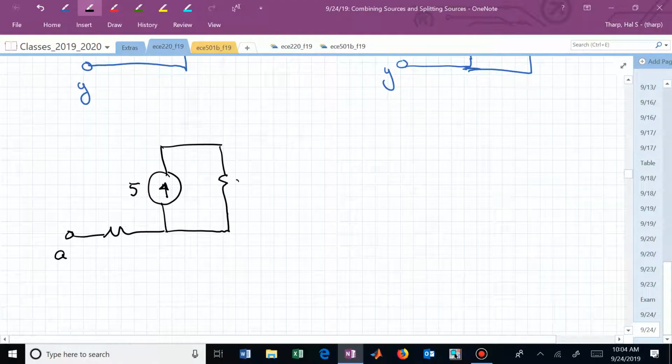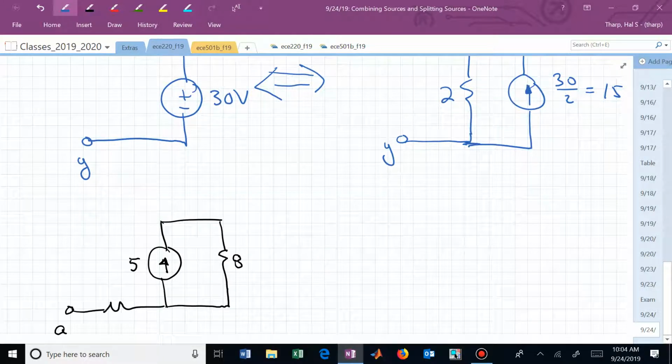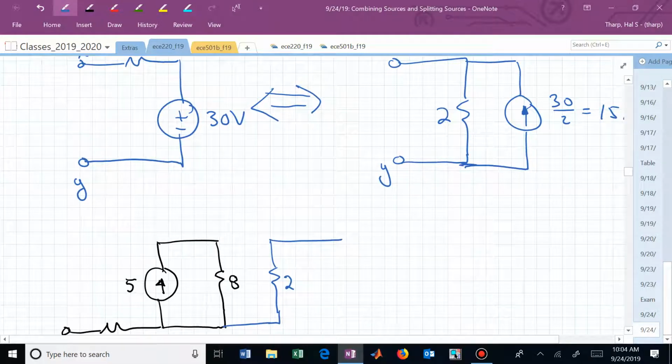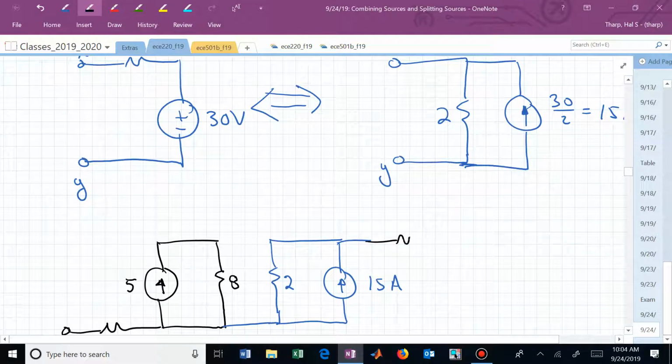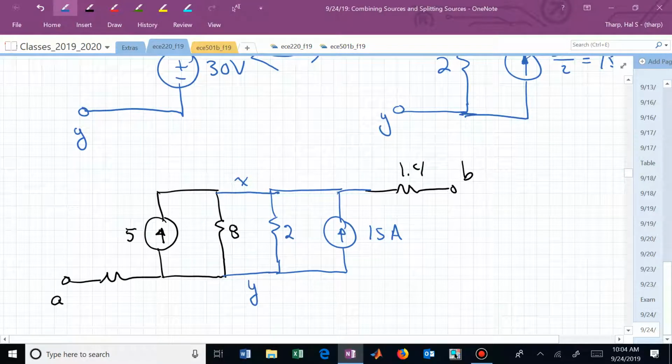That was a 5 and an 8. But now, between X and Y, I have a 2 ohm and a 15 amp, and then that connects with B, where that particular resistor was 1.4, and this was our node X, and this was our node Y.